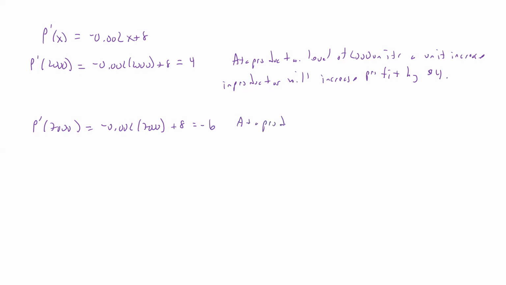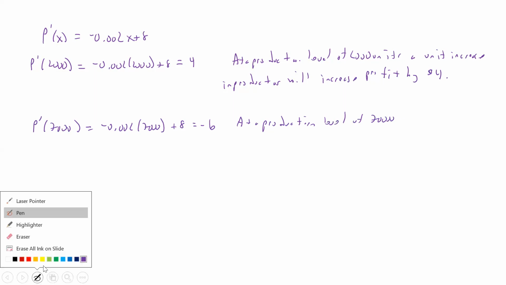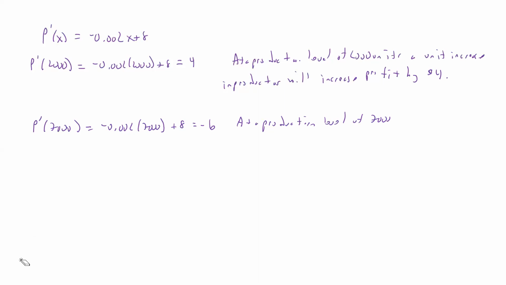So at a production level of 7,000, oops, that's 7,000 units, a unit increase in production will decrease profit by $6.